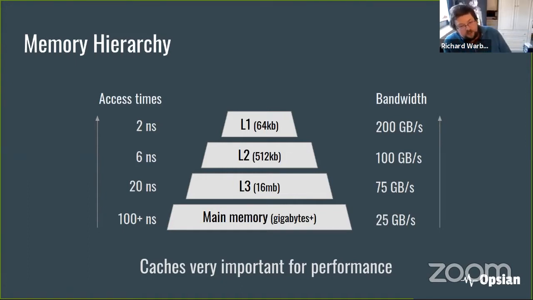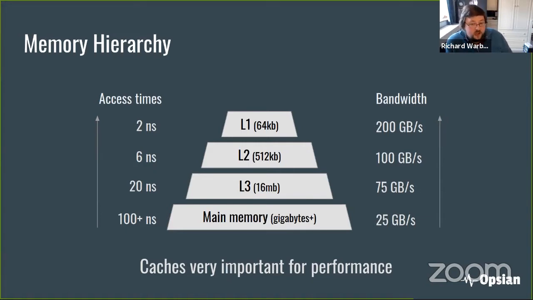So we can see that we might have, on a modern CPU, several layers of cache, L1, L2, L3, and also main memory below it. Main memory might be sized in terms of gigabytes. Your L3 cache might be, say, 16 megabytes. These numbers come from a modern AMD Zen 2 processor. And L1 might be 64 kilobytes of cache, for example.